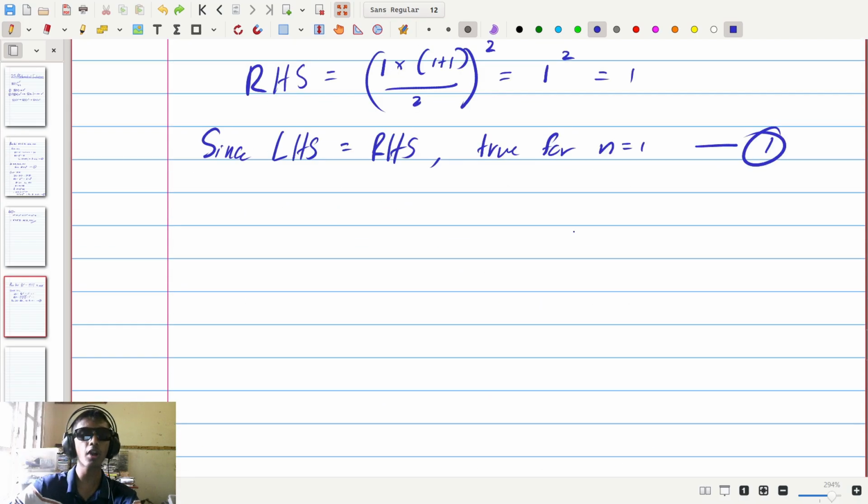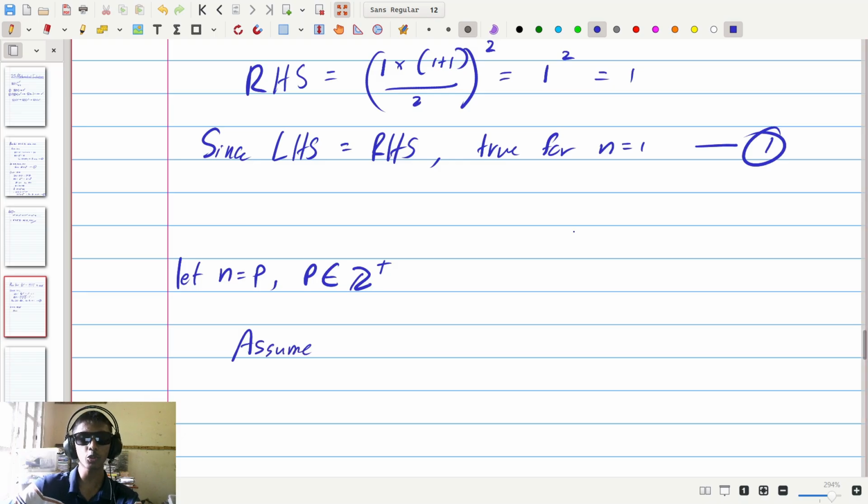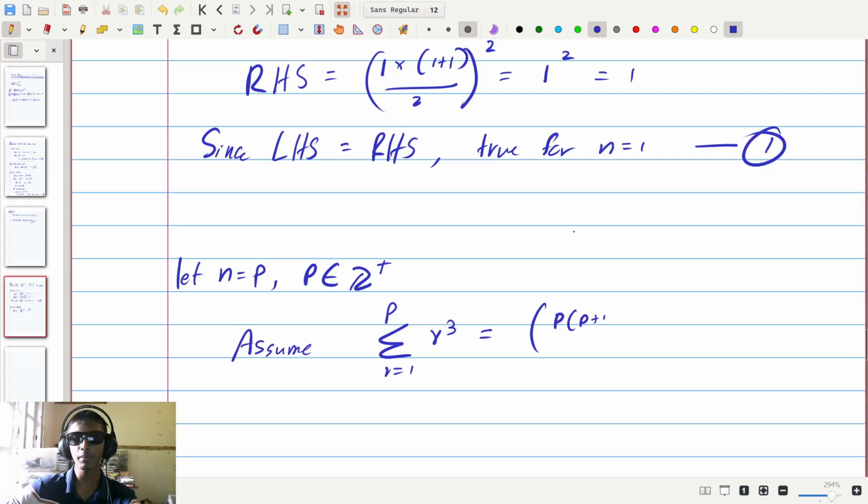So what we're going to do down here is say let n equals p, where p is some element of the positive integers in this case, and then for that value we're going to assume that our statement is true. So we're going to assume that the sum from r equals 1 up to that value of n, which is p, of r cubed is in fact equal to the value you get when you substitute n equals p, which is going to be p times p plus 1 divided by 2, squared.